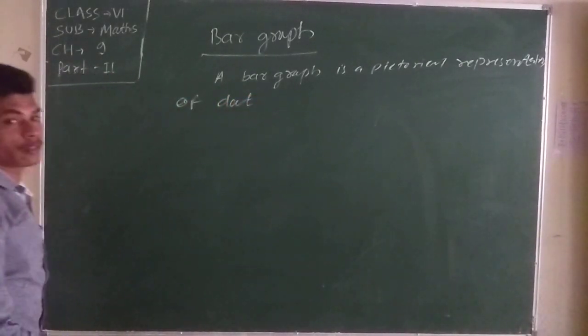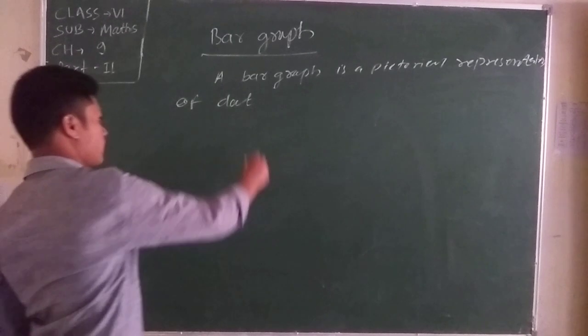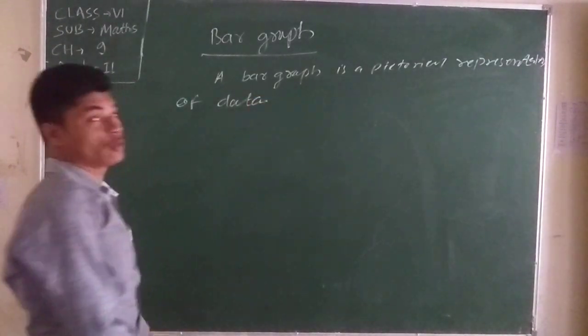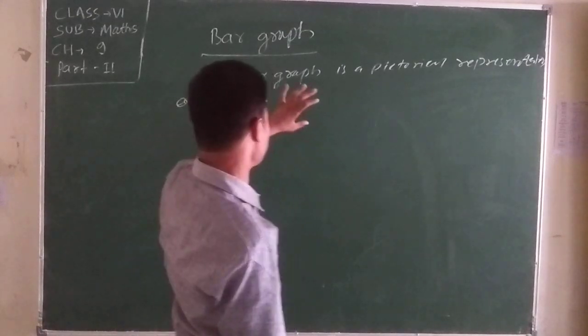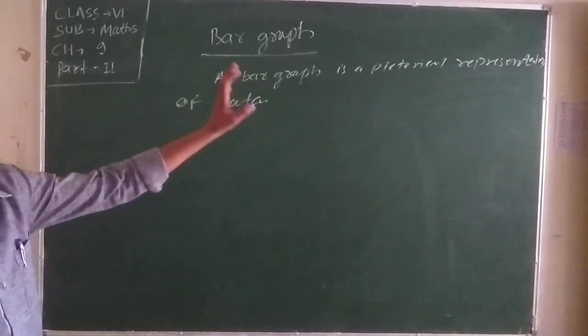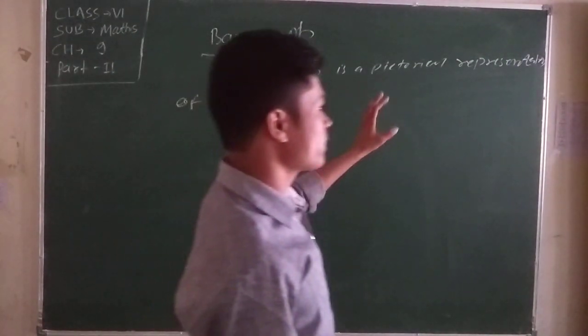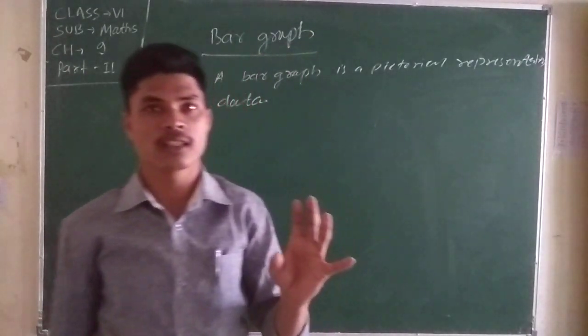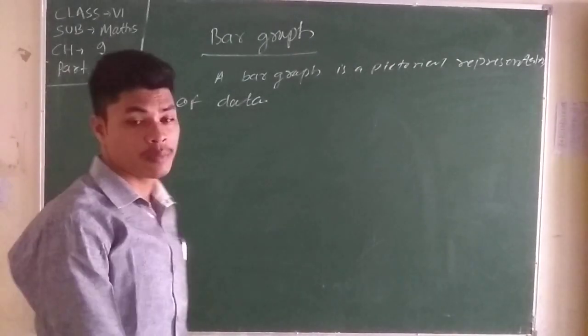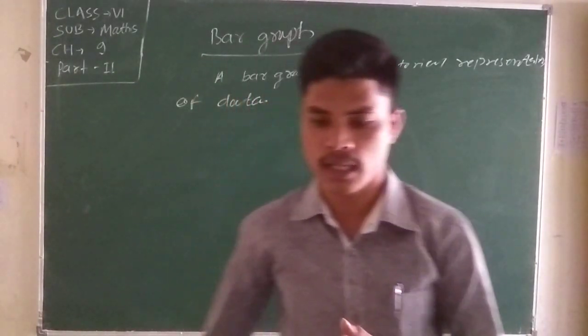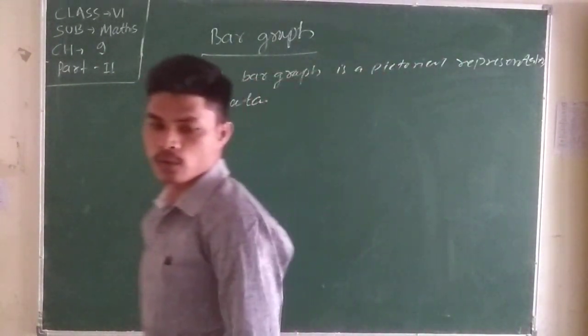First we learn about pictorial representation. What is pictorial representation? Pictorial representation means we represent the data using pictures. Then a bar graph is a pictorial representation of data in which bars of equal width are drawn.